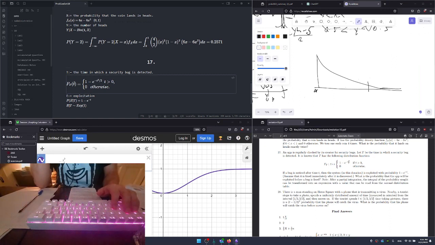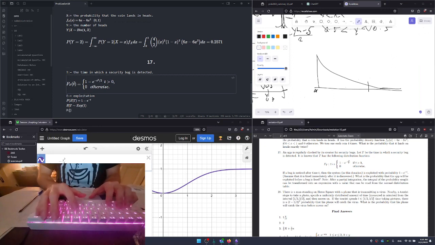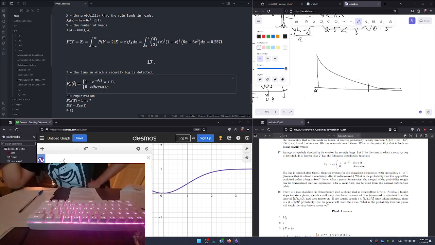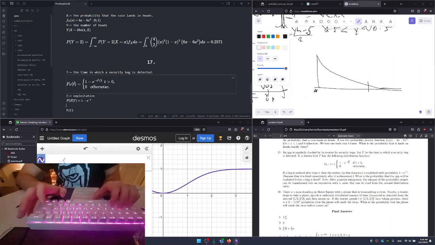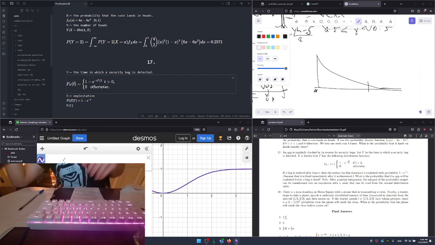So we need the probability of E. I cannot define exploitation exactly, right? What does E tell you? That exploitation will happen? I don't think you should write this at all. You just have a probability of E, exploitation happening, given that the time is 1 minus e to the minus t, so the probability that exploitation happens before a bug is fixed.